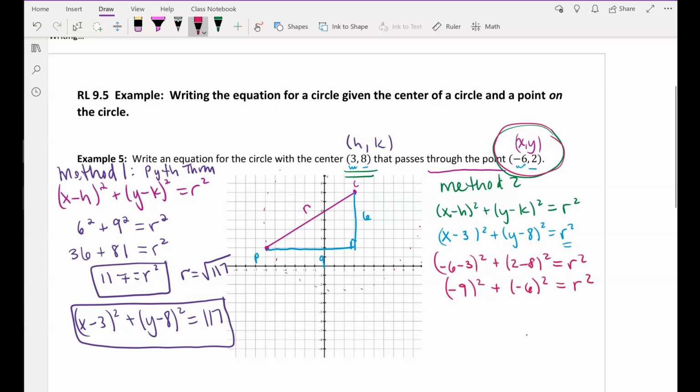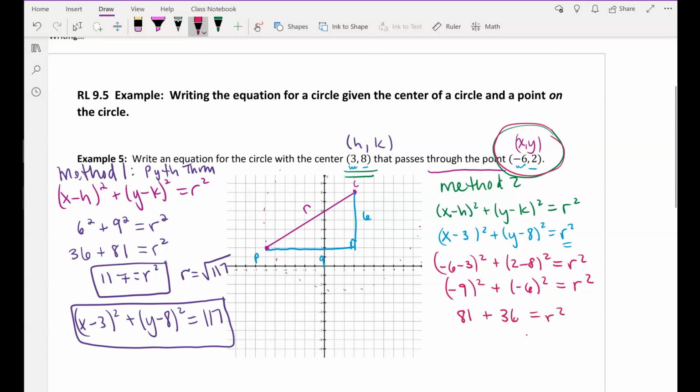Now you might notice that these values are the same as the sides that we got for the triangle in the graph. They're just negative. And it doesn't matter if they're positive or negative. That all depends on what point we're using. But when I square these, they're going to become positive. So -9 times -9 is a positive 81, just as -6 times -6 is a positive 36.